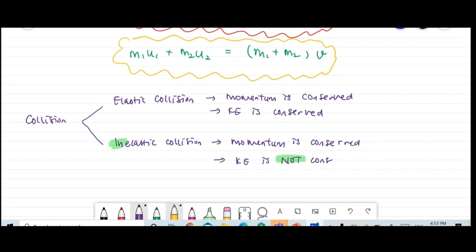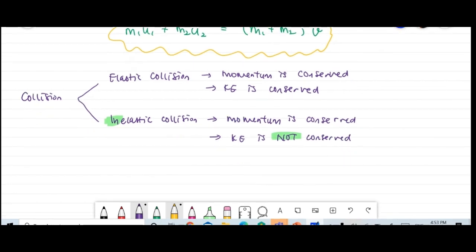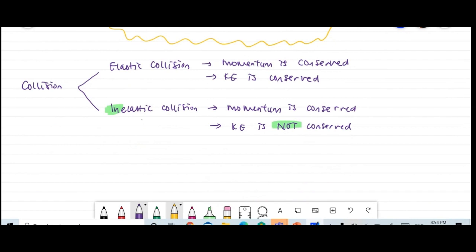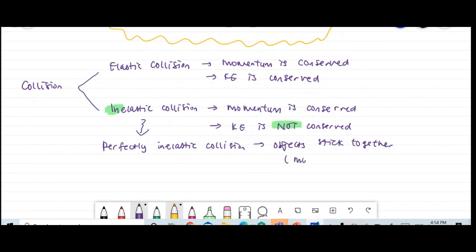The case we usually refer to is perfectly inelastic collision, where the two objects stick together and move with only one common velocity.